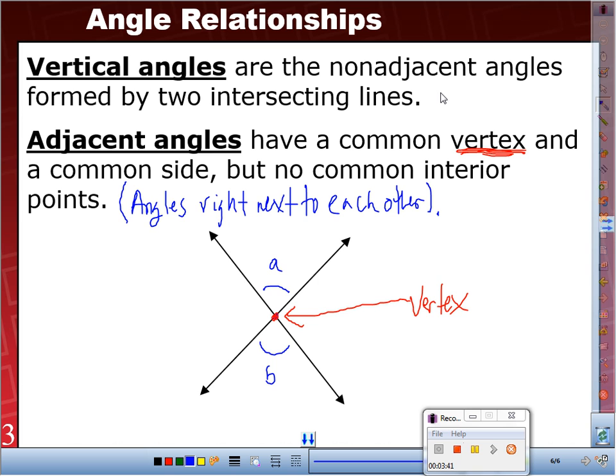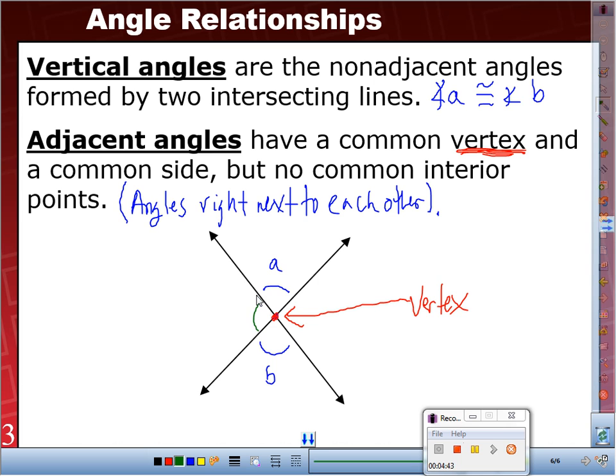So, look up please here on your definition. I want you to write angle A. And look at the symbol I'm going to use. It's an equal sign, but with a little wiggle on top. That symbol is called congruent, which means that they measure the same. So angle A is congruent to angle what? B. Remember that we did that exploration last week? So therefore, if these two are vertical, guess what?